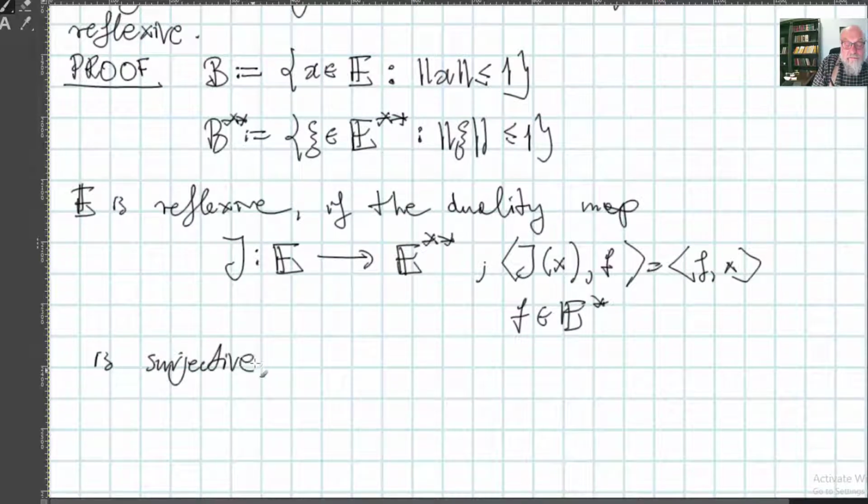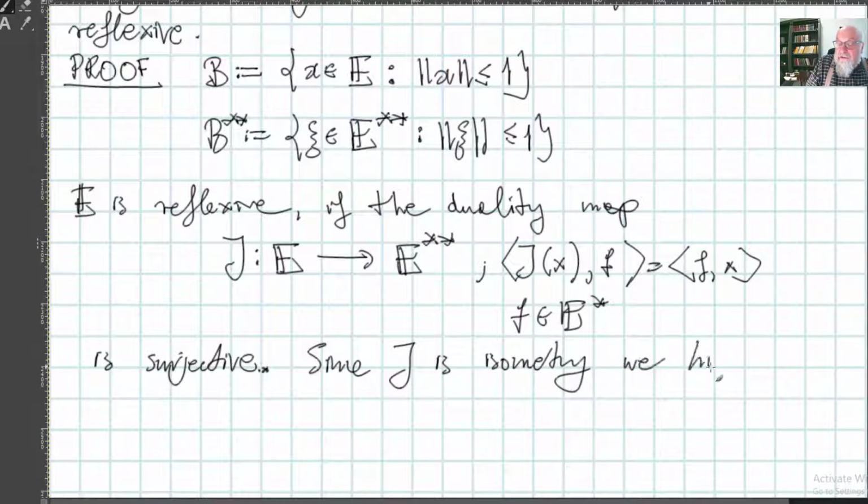and remember this duality map is an isometry, so since J is an isometry, we have that E can be considered as a subspace. So to put it clearly, E, which I can identify with J of E, is a closed subspace of E double star.